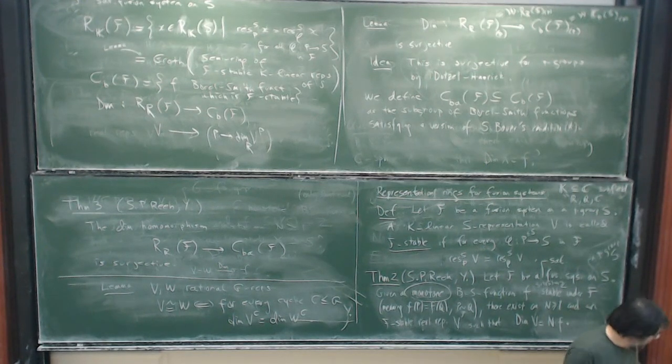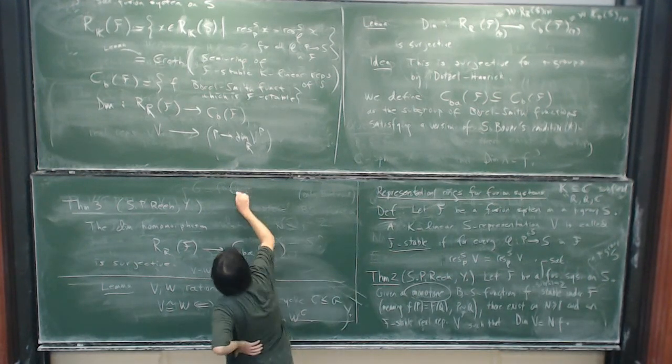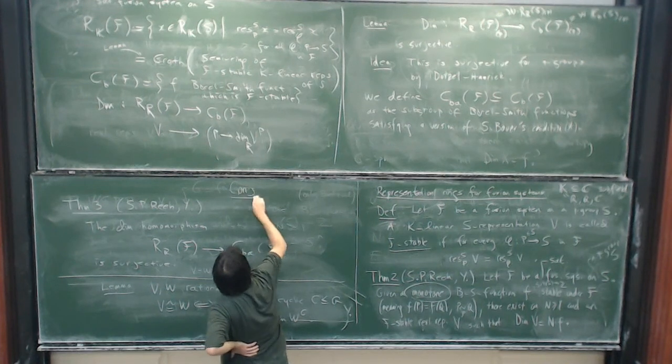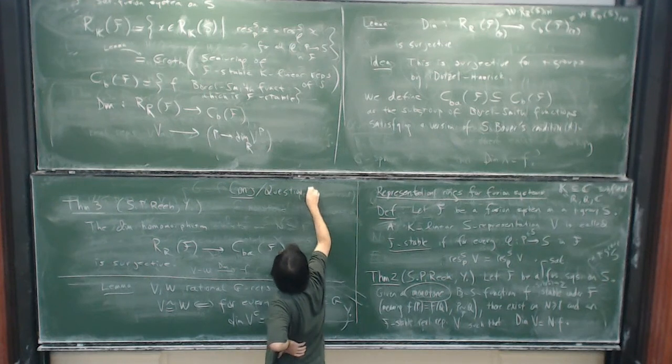We don't have a counterexample to say that the monotone version of Theorem 3 isn't true. So you could ask, if we have a Borel-Smith function with the extra condition that it's monotone, does it lead to an F-stable representation? We actually don't know.